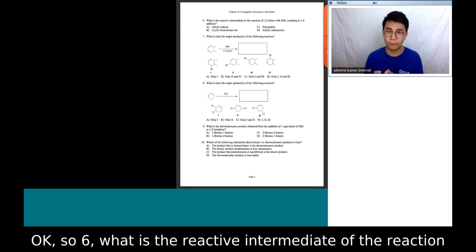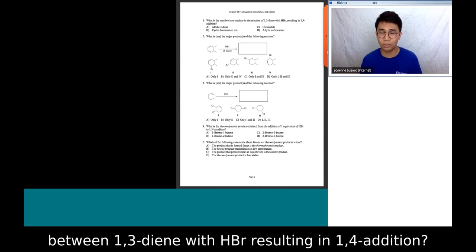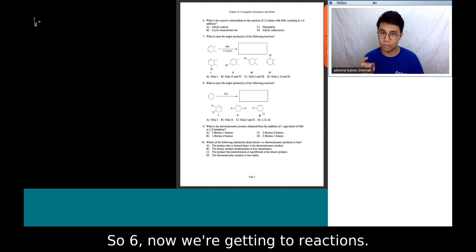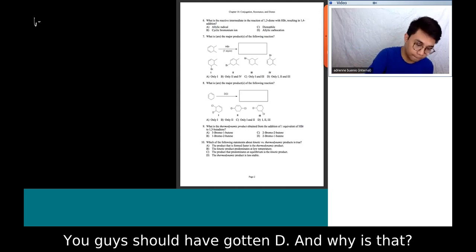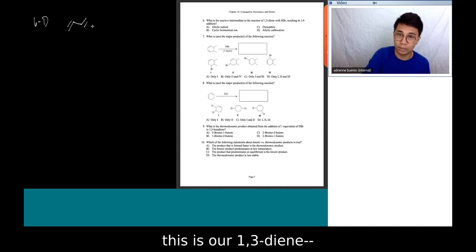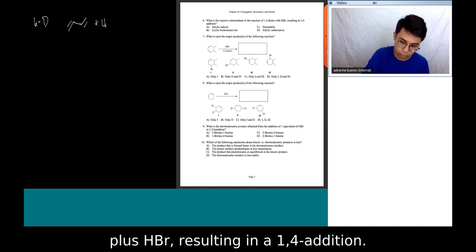Okay, so 6, what is the reactive intermediate of the reaction between 1,3-diene with HBr resulting in 1,4 addition? So 6, now we're getting into reactions, right? You guys should have gotten D. And why is that? So the reactive intermediate in the reaction of 1,3-diene, this is our 1,3-diene, plus HBr, resulting in a 1,4 addition.